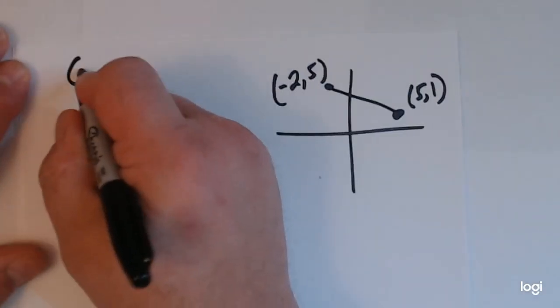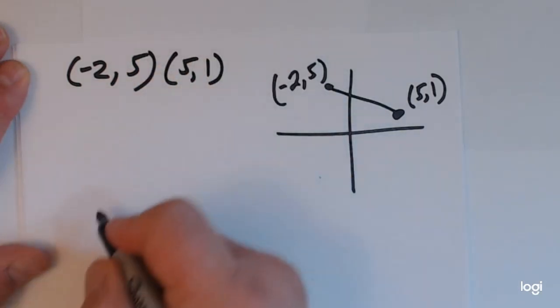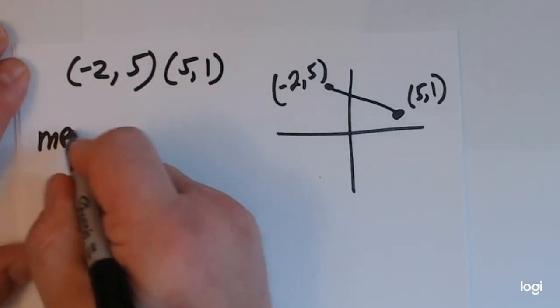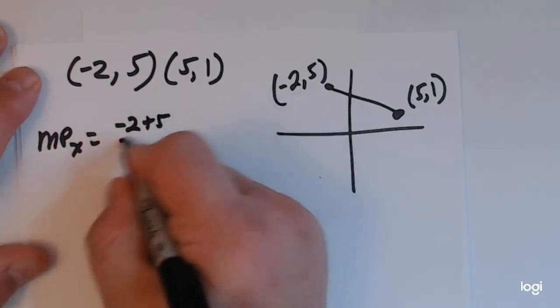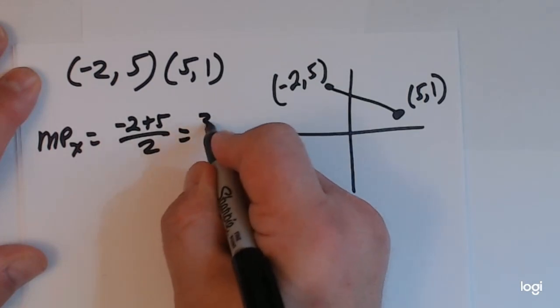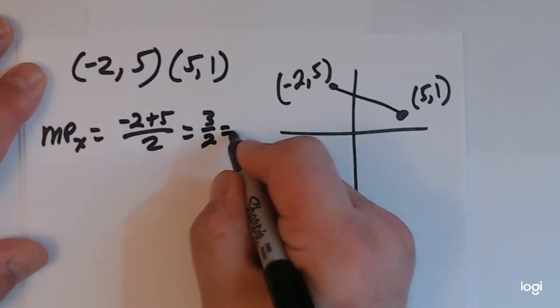So we have negative 2, 5 and 5, 1. The midpoint of the x is negative 2 plus 5 over 2, which is 3 over 2, or 1.5.